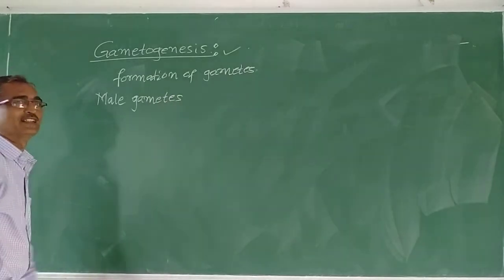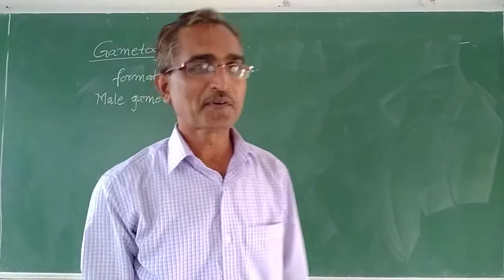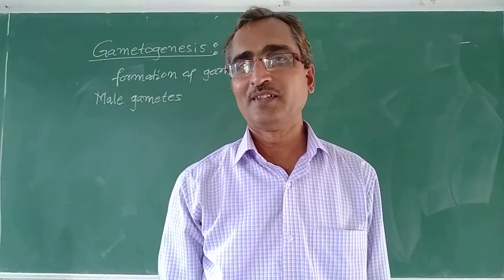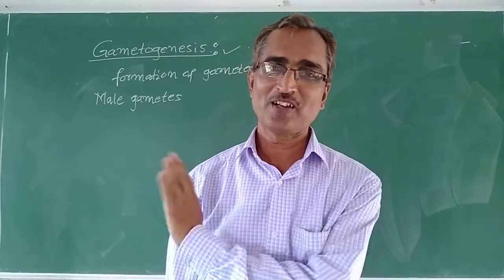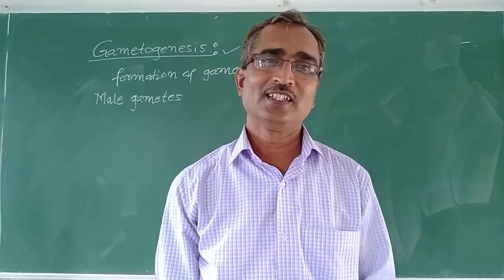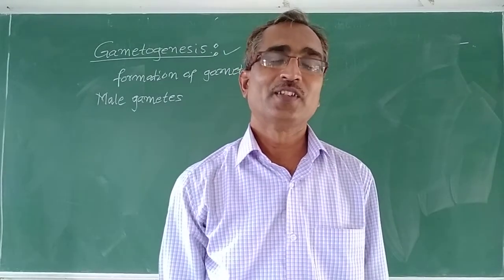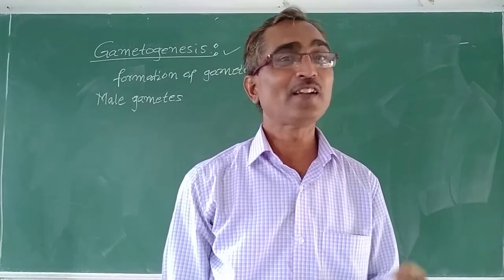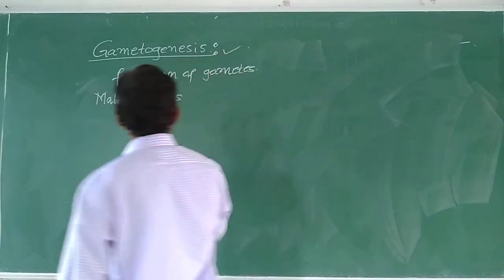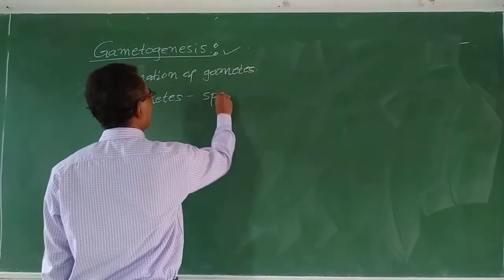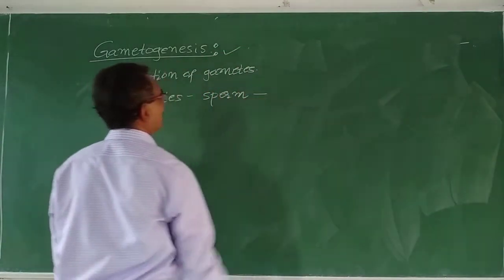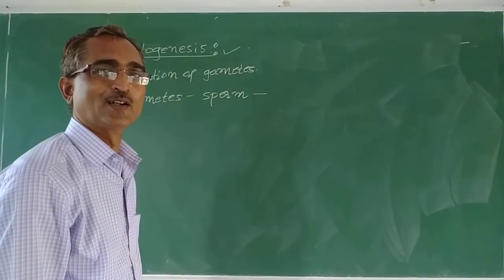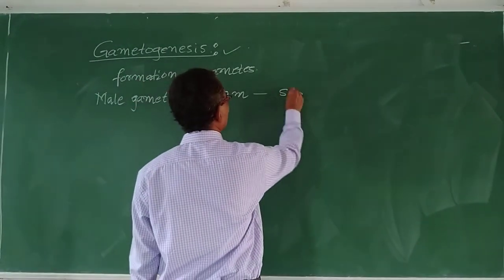In human beings, we are discussing human reproduction, which is sexual reproduction, and we have discussed the male reproductive part and the female reproductive structure. As it is sexual reproduction, there are two types of gamete formation. One is male gametes, which are known as sperm, and the formation of male gametes, that is sperms, is called spermatogenesis.